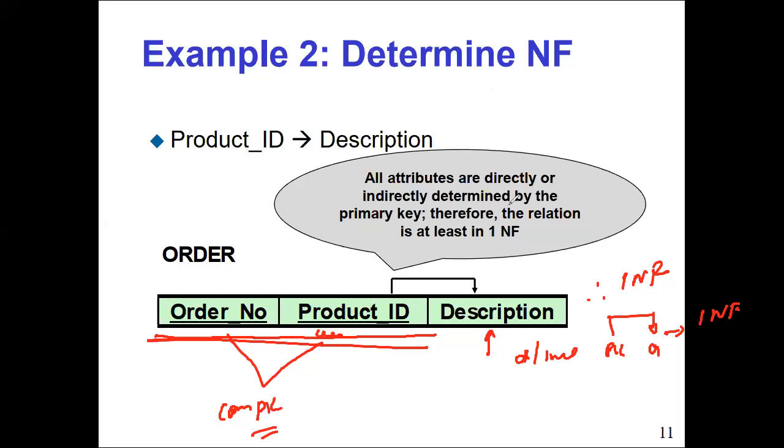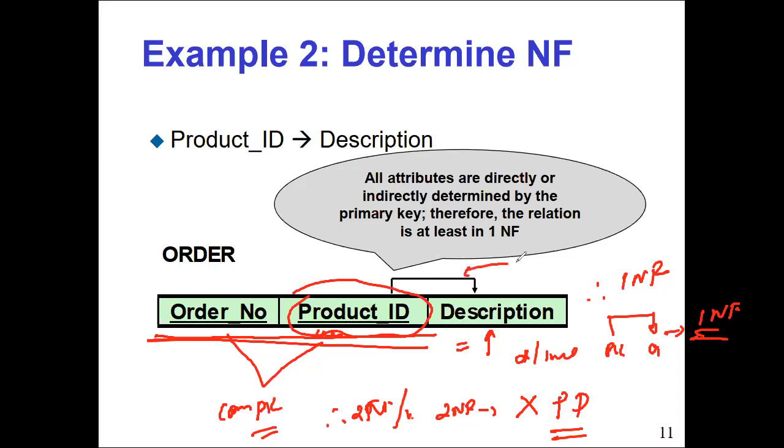Right. So now if you see here, this is first normal form because the attribute is depending on the primary key. Right. Now we need to think about whether this is 2NF or not. If it is 2NF, there will be no partial dependency. But you can see here our primary key is order ID, order number, and product ID. The description is only depending on the product ID.